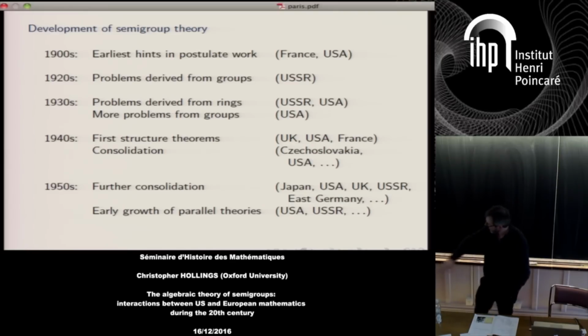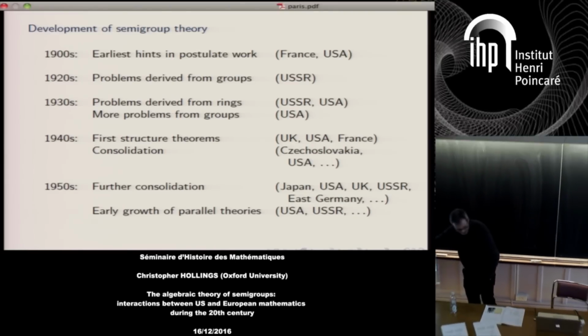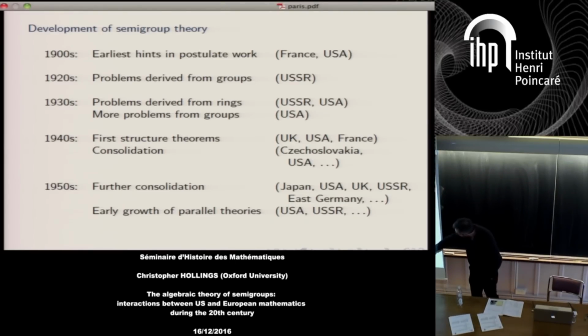And then right down here at the end, something that I might come to later, is that a lack of communication between East and West had led to two parallel theories, mainly American and Soviet work. They were arriving quite often at the same place, but by different routes, and it was quite interesting to look at the different approaches they took to the theory.